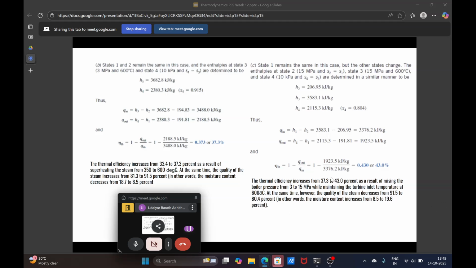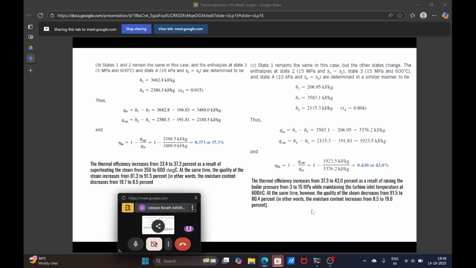So one of the options to increase the thermal efficiency of the cycle is to operate at a higher pressure, but now the quality also reduces. But if you want to increase the quality, then we have to go back and increase the superheat.